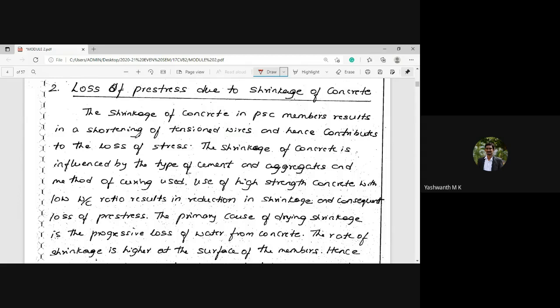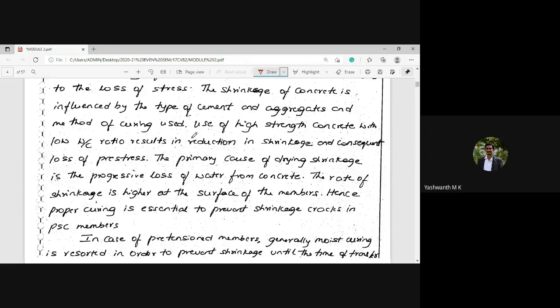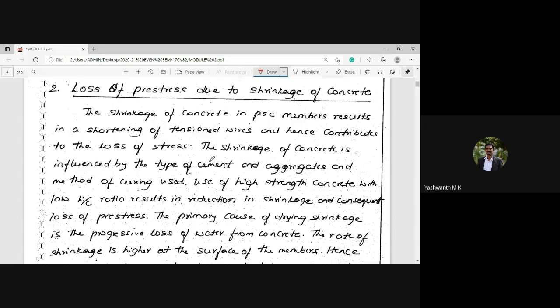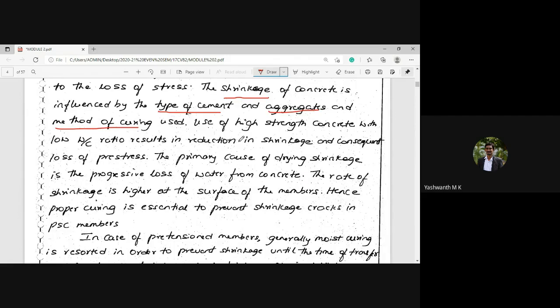As I stated, the shrinkage of concrete will depend upon many factors, that is the type of cement, the aggregates you are using, and the method of curing you are using. Based on these factors, the shrinkage will vary. Is it clear?